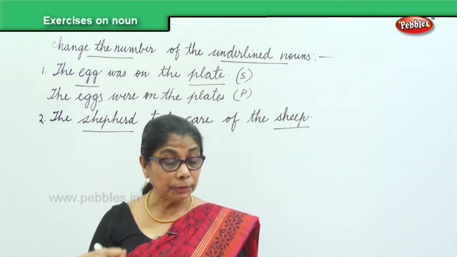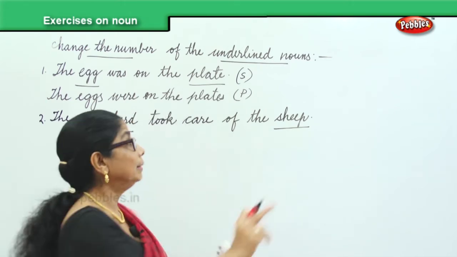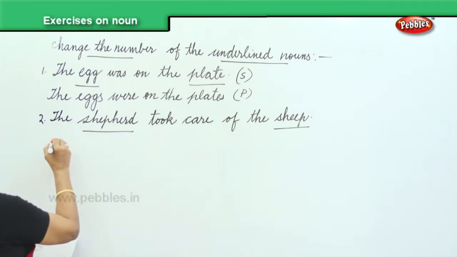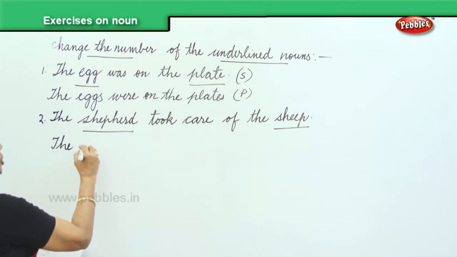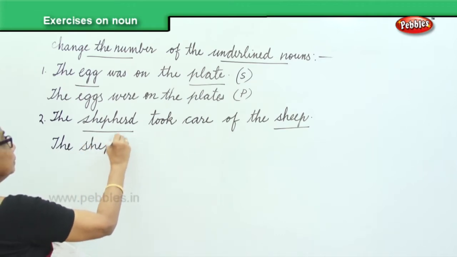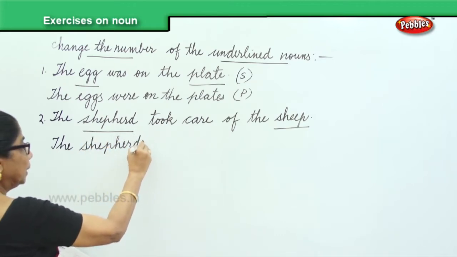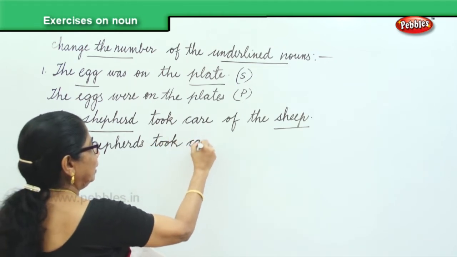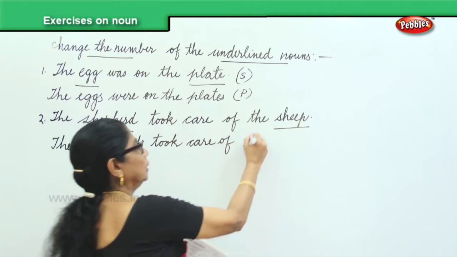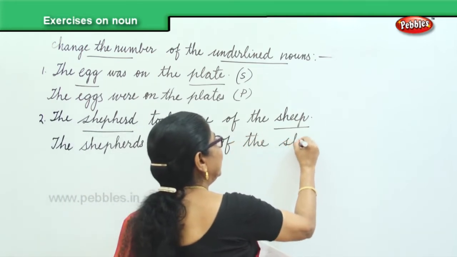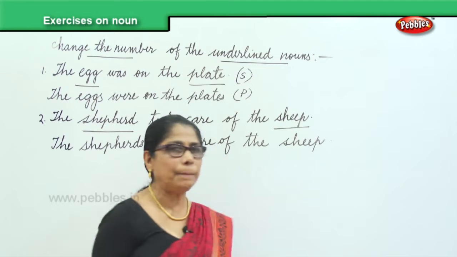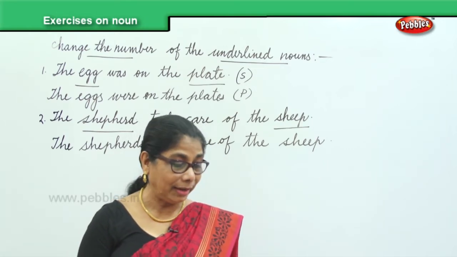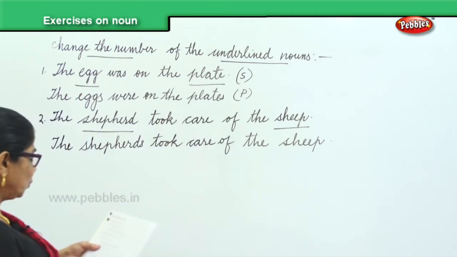The shepherds took care of the sheep. The sheep, singular, plural, it remains the same. So the answer is the shepherds took care of the sheep. One sheep, many, 100, we say sheep. So we are getting practice. Okay. Now, next one.